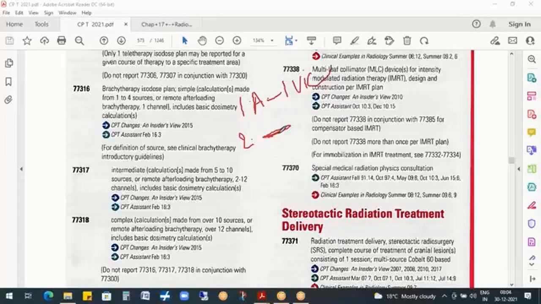Okay, next one. Next technique. If the physician performed CT, it means computed tomogram. MRI means magnetic resonance imaging.